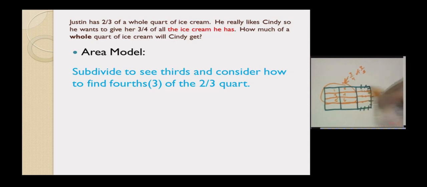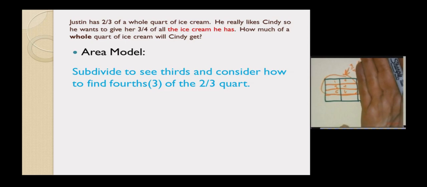Notice we didn't have any ice cream out there, but that tells me that there are 12 pieces in the whole. We have 6 of them, and so 6/12 is a good answer, and it reflects what we actually had there. So it makes sense that I can't use the ice cream out here, and so when I take 3/4 of the 2/3, it's only the 2/3 that I'm dividing up into 4 equal pieces and taking 3 of them.